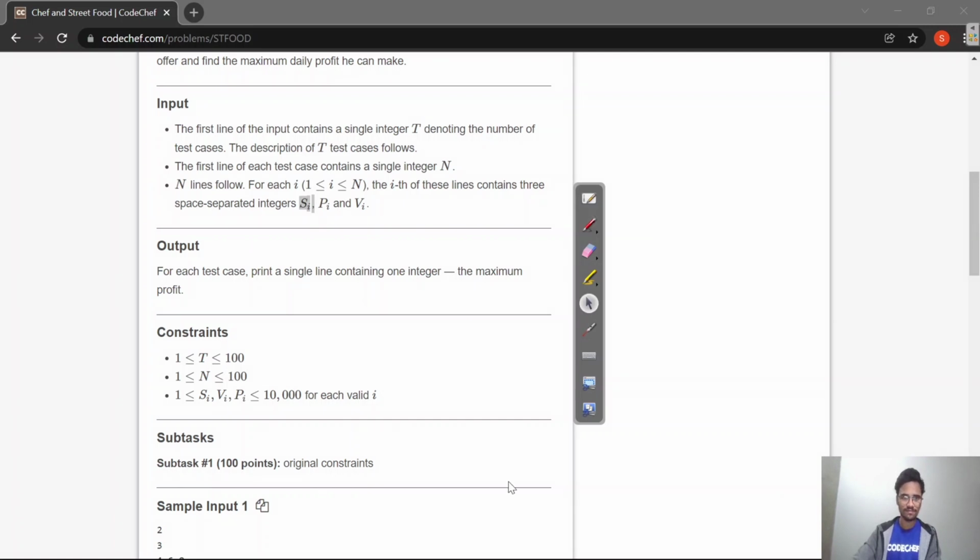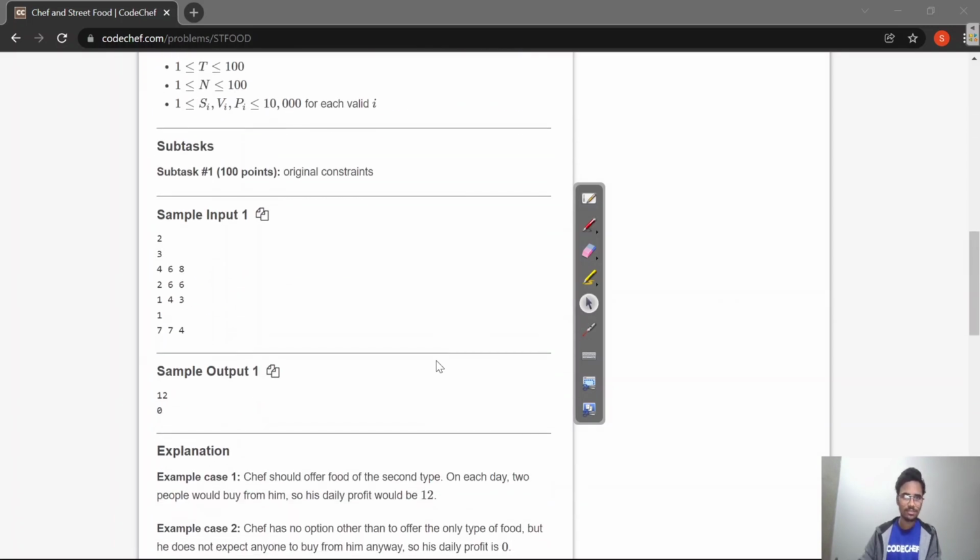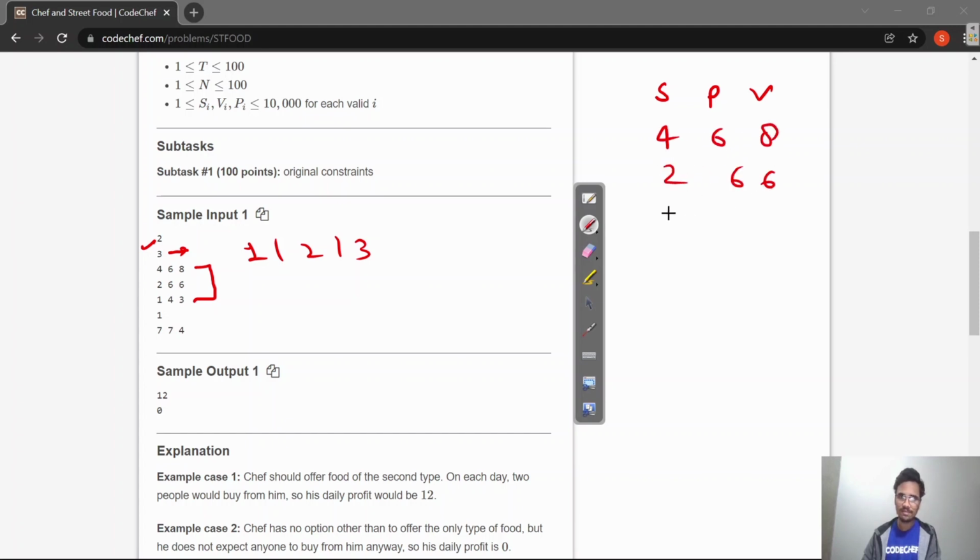So this is our example. This 2 is the number of test cases. Now this 3 is the choices, meaning there are 3 types of food: first, second and third. These are 3 lines of S, P and V. Now let's check 4 6 8, then 2 6 6, and then 1 4 3. If Chef opens a store of this type, let's check his profit.